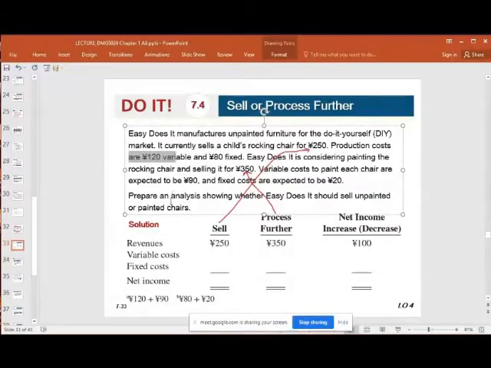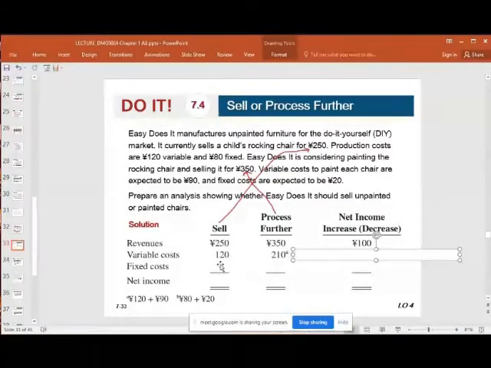Now, to paint the chair, you are expected to incur another 90, so you need to add on another 90. It will become 210. Do you see your variable cost has increased? From 120, now it increases to 210.